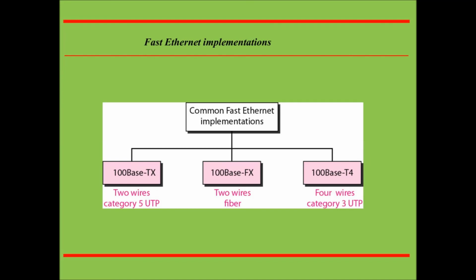So these are different types of wires which are used over here, and you can see the data transmission speed is fast. In the previous slides we had 10, over here this is 100, so it means 100 megabits per second. Base is again baseband, which is digital transmission, but over here the cable is changed, fiber optic cable or twisted pair cable, and the best categories are used to get the best data transmission speed.